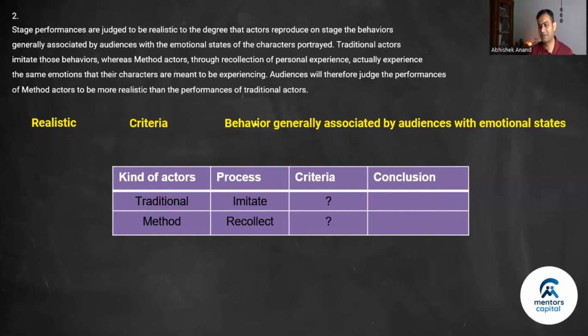And are we given anything about how the traditional actor fares on the criteria? Nothing, no information is given, but a conclusion is made. What is the conclusion? That method actors are more realistic. If method actors are more realistic, that means they would satisfy this criteria. So this is the assumption. You did not tell me, I have to assume this: that for method actors, the process is not important, but they would be able to achieve this.